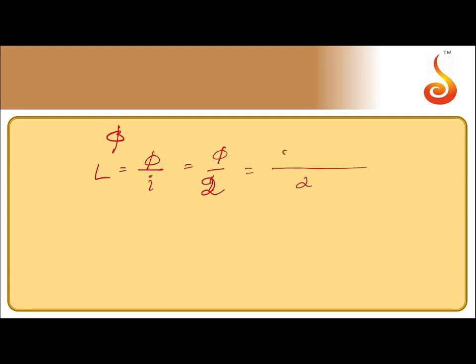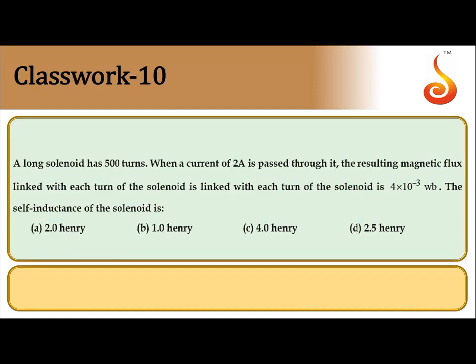So this is nothing but 500 into 4 into 10 to the power of minus 3. So this turns out to be how much? 2000 divided by 2000, 1000 into 10 to the power of minus 3. So inductance is 1 Henry. B is the correct choice.